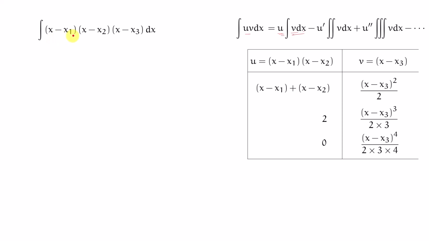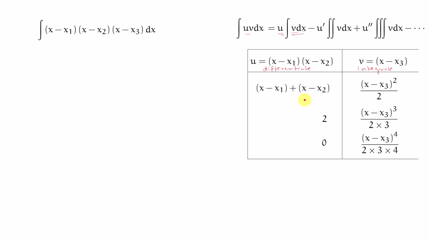So u is x minus x1 into x minus x2, and my v is x minus x3. I differentiate here and I integrate the other function. This v function I integrate. So the first derivative will give me x minus x1 plus x minus x2.